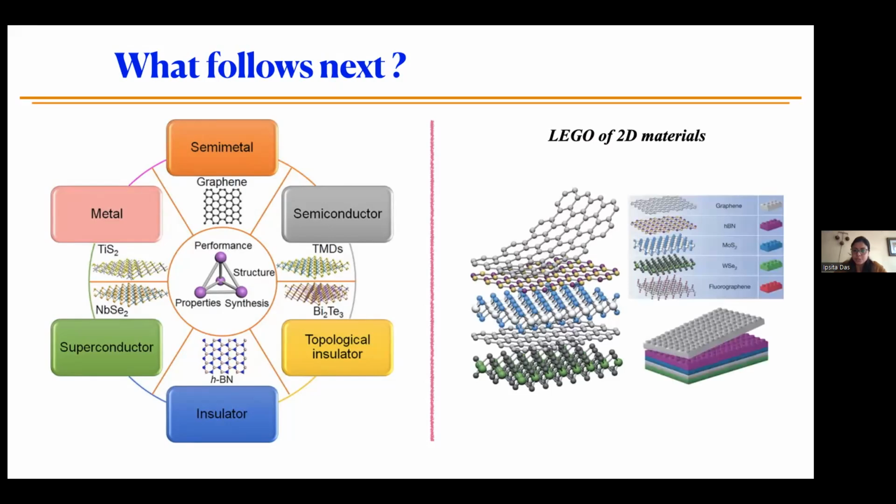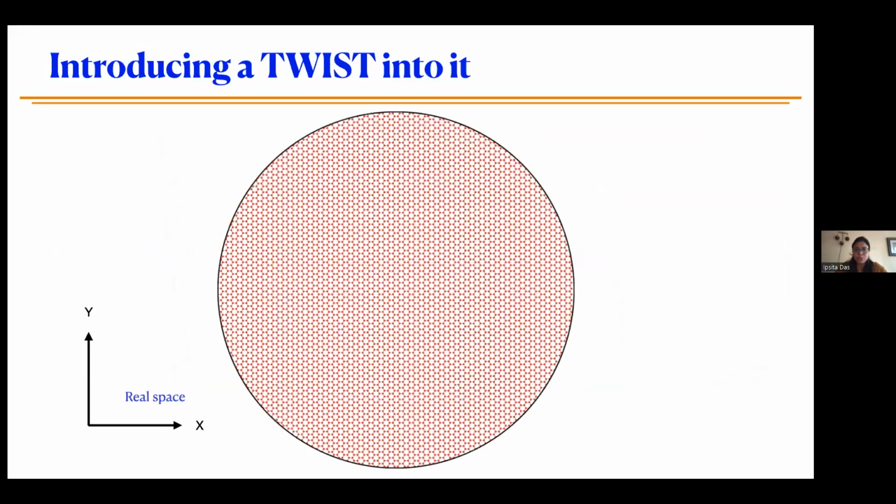And very soon they started putting one material on top of another, just like a Lego. It's called Lego in 2D materials, and they observed completely different phenomena in this 2D heterostructure. Right, but so far people were only putting one material on top of another just as it is. They didn't try to rotate or twist the layers in between. But what happens if you try to twist them?